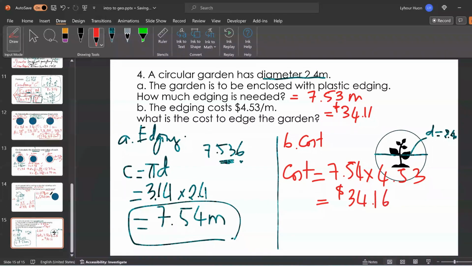So a little bit of change due to the rounding. Okay, so this is the price.